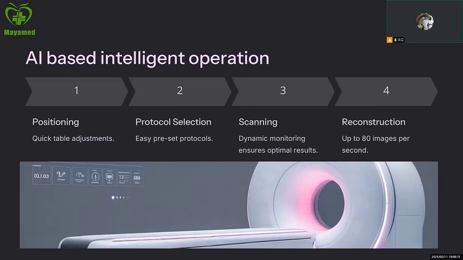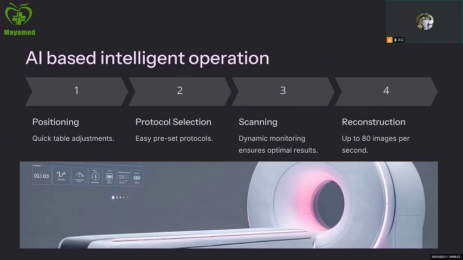And in this image, we can see we produce AI-based intelligent operation. We know that hardware is important, but software is important too. It's like the brain of the CT.